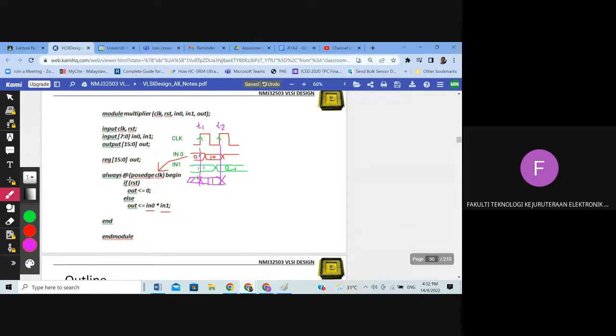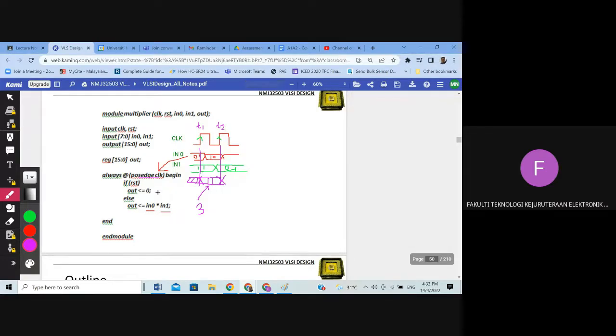Because the output is evaluated on every rising edge of the clock. Positive edge is rising. So during the rising edge of the clock, we get the answer, decimal 3. This value remains until the next clock cycle, which is T2.